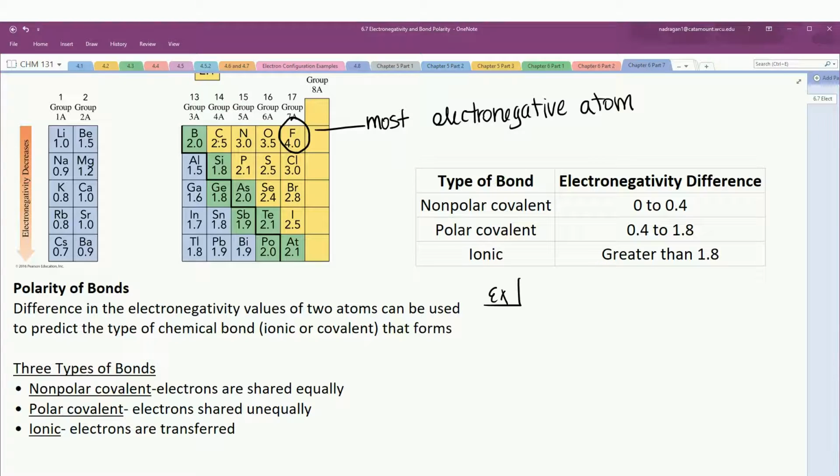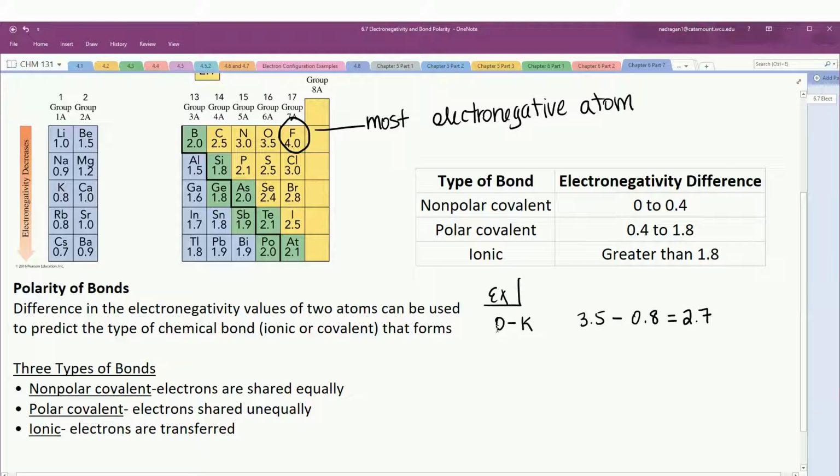Alright, the first example is a molecule that has oxygen and potassium. Oxygen has an electronegativity value of 3.5, minus potassium, which has an electronegativity value of 0.8. This gives us a difference of 2.7. If we compare it to this table, an ionic bond has an electronegativity difference greater than 1.8.